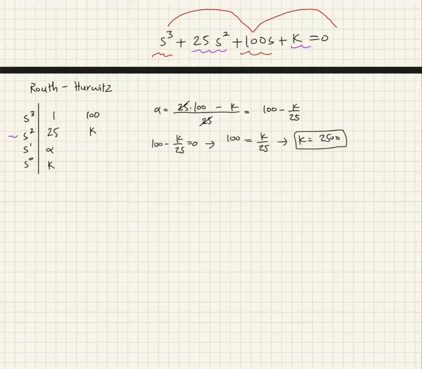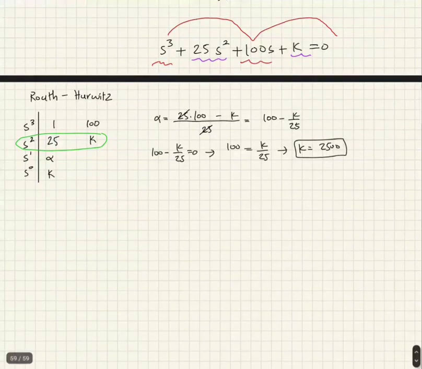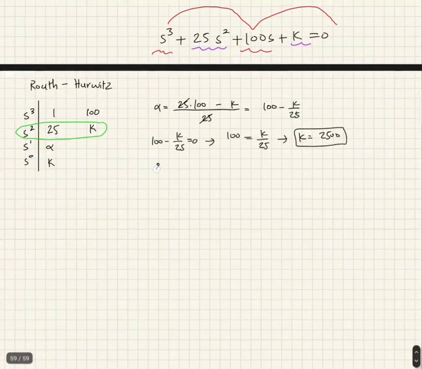Now using this k value, we consider this row to find the imaginary axis. So 25 s squared plus k equals 0. We know that k is 2500, so it's going to be 25 s squared equals negative 2500.